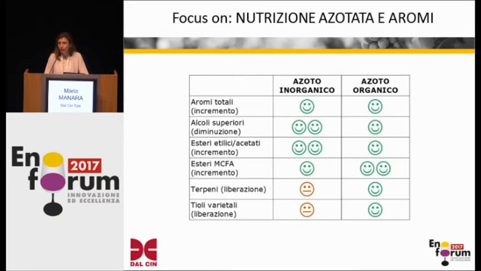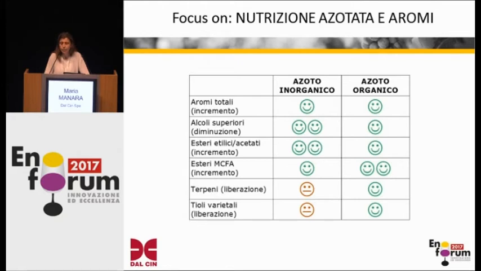In general, when using both organic and inorganic nitrogen, you have an increase in total aromas. That is world known. Then you can consider the production of acetates and esters and so on and so forth.